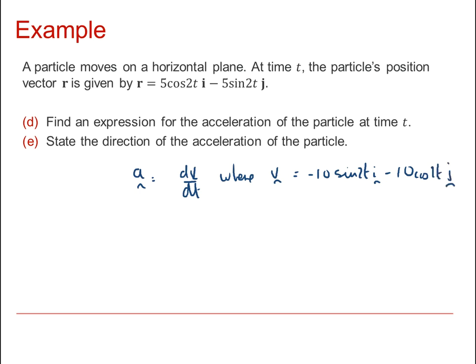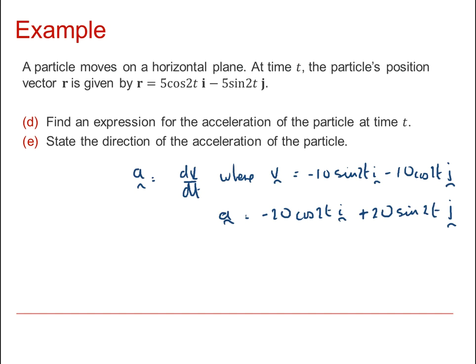Differentiating again gives us that the acceleration is equal to negative 20 cos 2t in the i direction minus 20 sin 2t, beg your pardon, that should be plus 20 of course, so plus 20 sin 2t in the j direction.